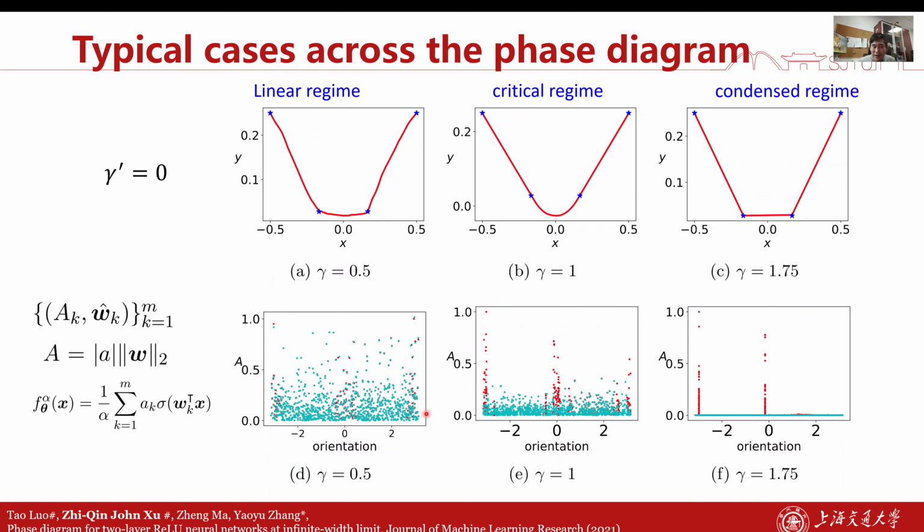And since all these angles are almost determined by the initialization, we can see a lot of small fluctuation in the final output. And now let's take a look at another extreme case. We call it condensation, and try to understand why condensation is named for this regime. So we normalize the amplitude.